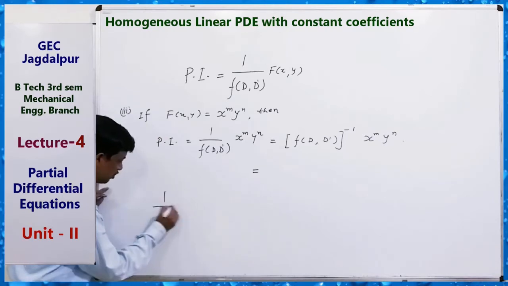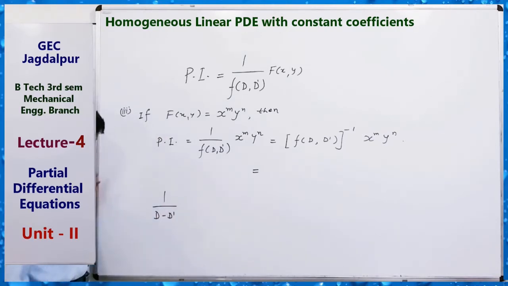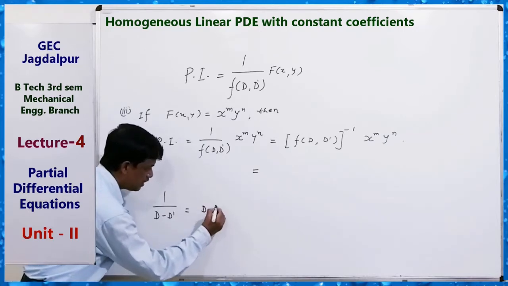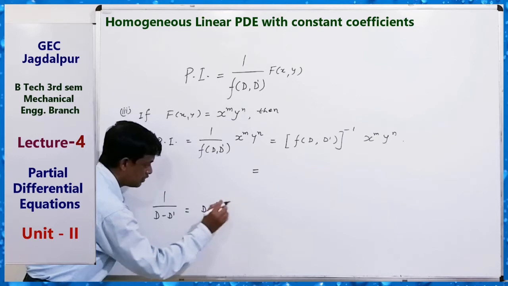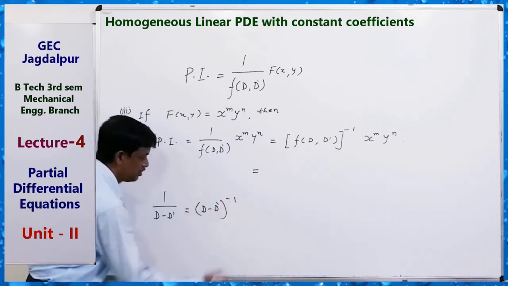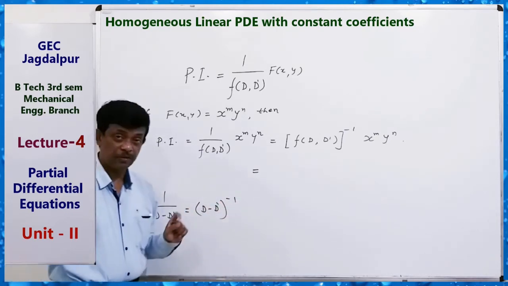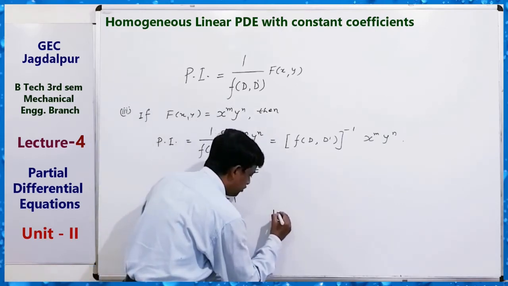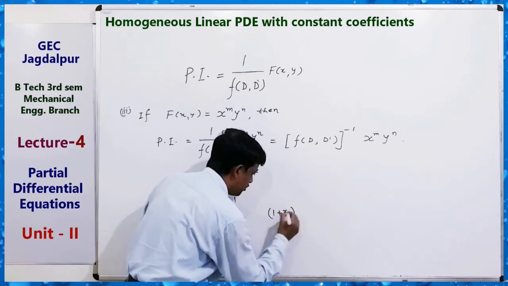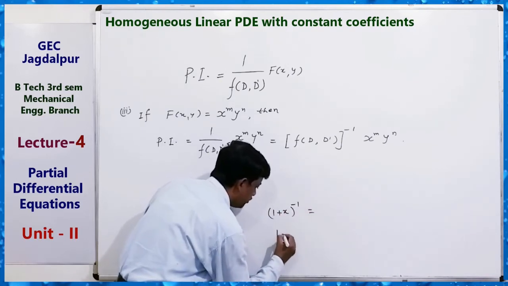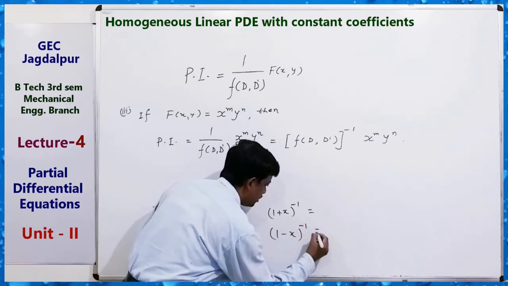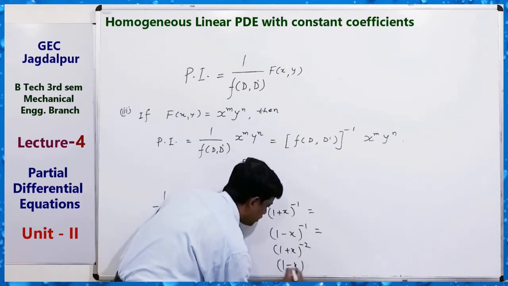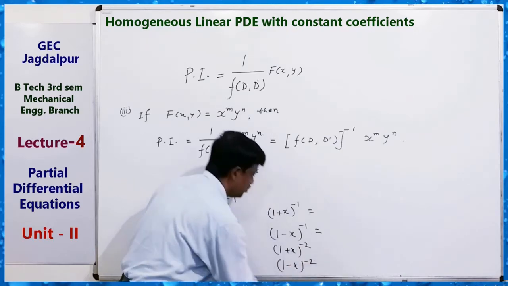Just like suppose 1 upon D minus D dash. So we can write what? (D minus D dash) power minus 1. So using the formula, note down always: (1 plus x) power minus 1, (1 minus x) power minus 1, (1 plus x) power minus 2, (1 minus x) power minus 2.